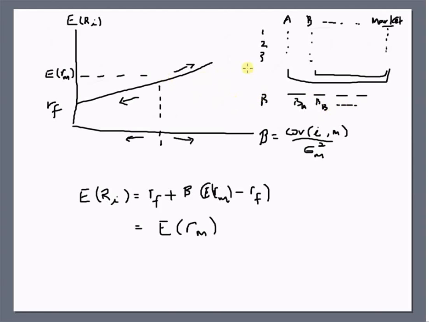Using the historical returns, we also have the expected return. So assuming that for A, beta A is here, and expected return of A is here. Again for B, say B is here, so this is beta B, and this is expected return of B.